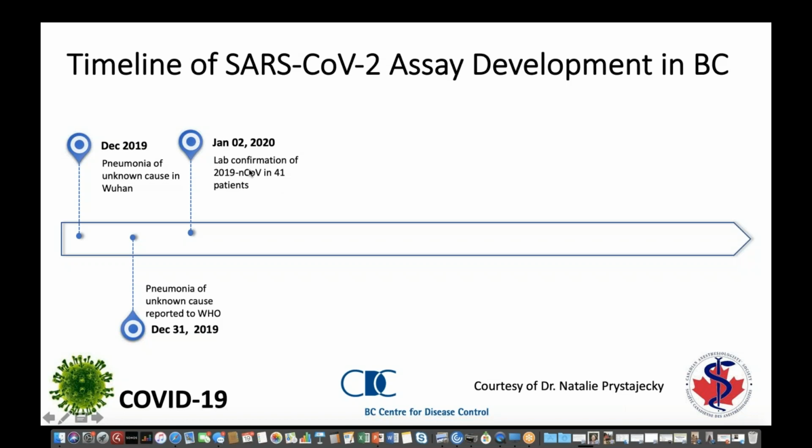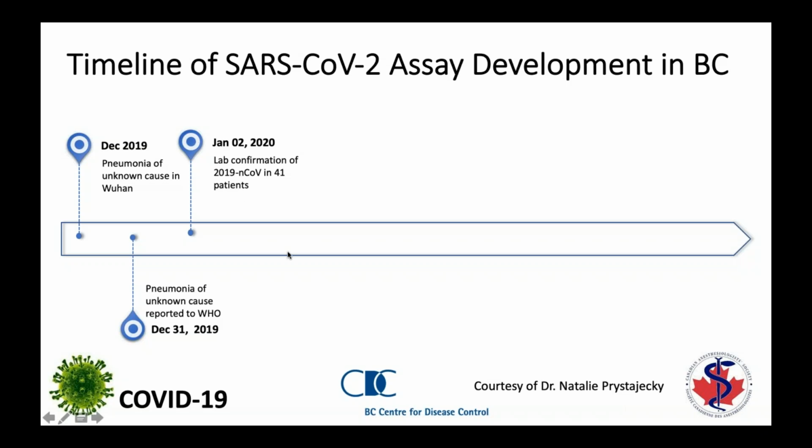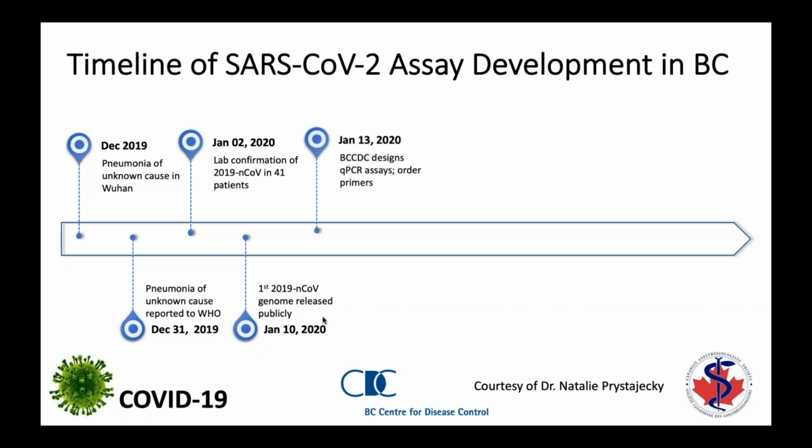The laboratory confirmation of a novel coronavirus in 40-some patients was reported in early January. And the key date here is January 10th, when the first genome of this novel coronavirus was published publicly by the Chinese government. And that allowed the international community to quickly get on to designing assays.